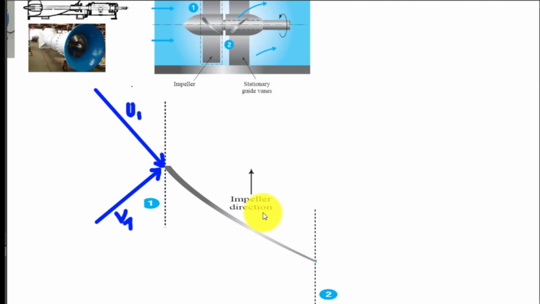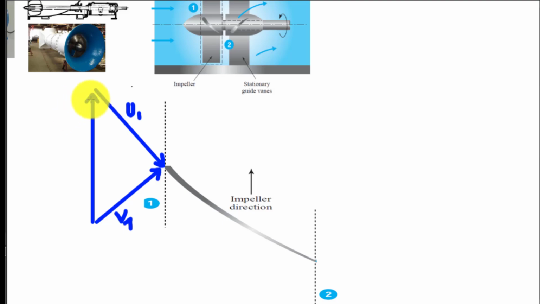Now, we also have the velocity, the direction of flow of the impeller. So usually this is rotating. So we have here the direction. That corresponds to the circumferential speed of the vane, a straight line moving upward.